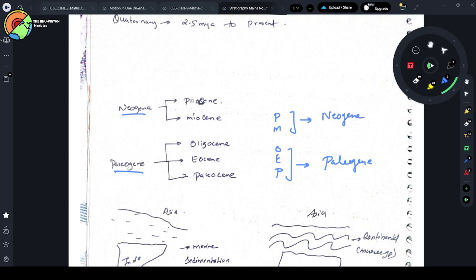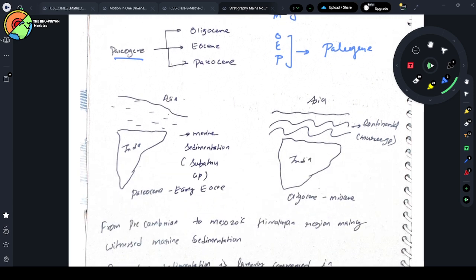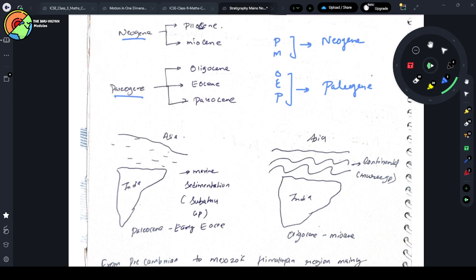If we talk about the position of India during this time, you can see during the Paleocene and early Eocene time, the position of India is like this, and here is Asia, and there was a Tethys Sea present in between them.